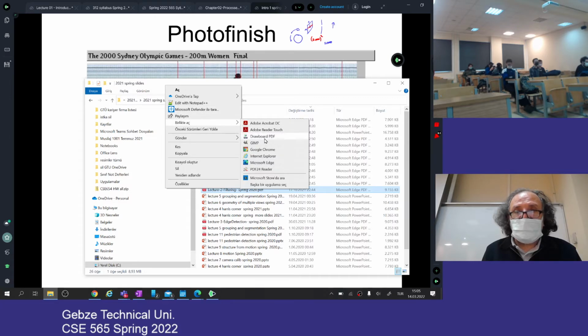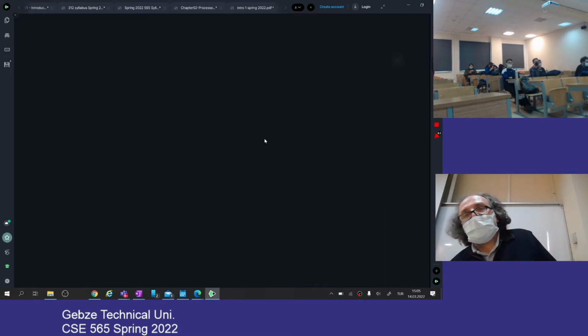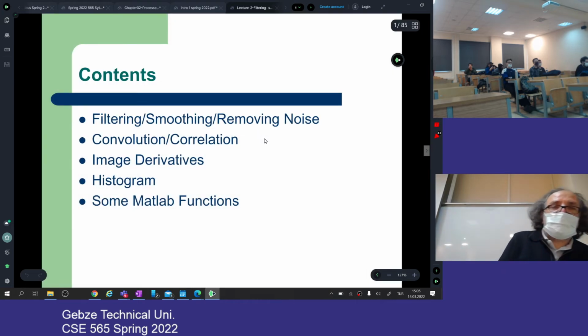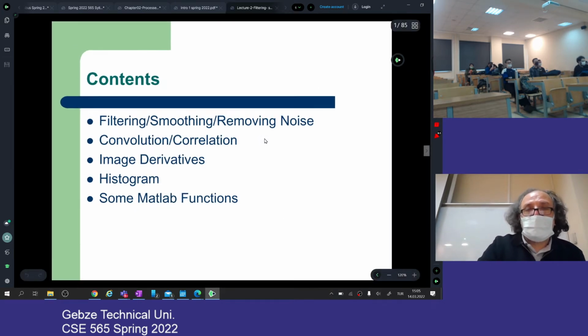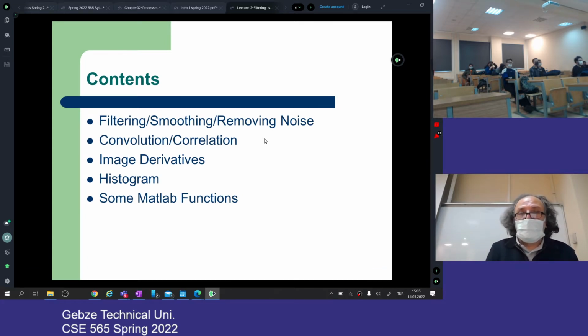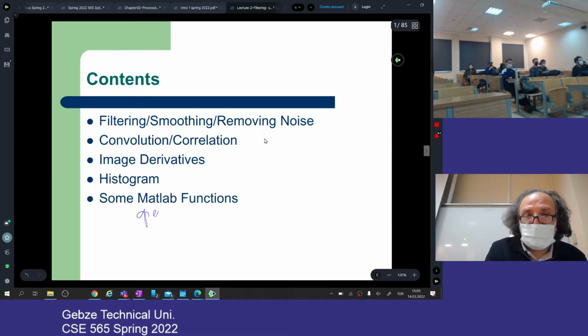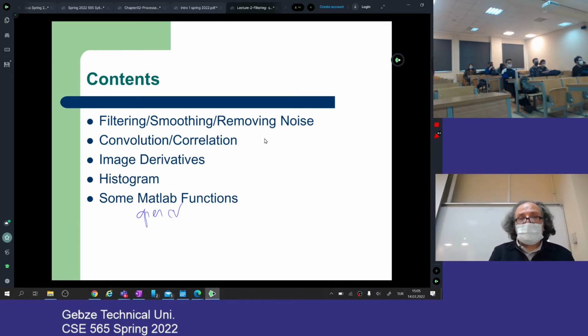Maybe there are some points that are different from what you know, maybe different notations, etc. So I'm going to talk about filtering, smoothing, removing noise, convolution, derivatives, histograms, and some MATLAB plus OpenCV functions to do those. Okay, so this is the second part of this course.